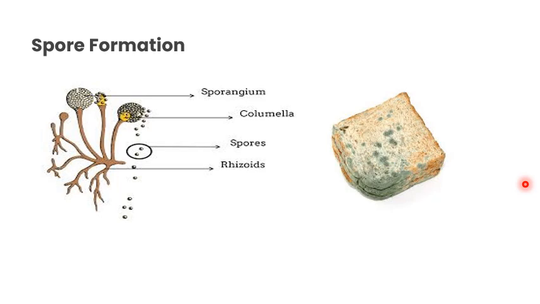Usually the spores are produced within a specialized structure called the sporangium. Inside the sporangium, the parental cell undergoes cell division and produces numerous haploid spores. These spores are then released into the environment once the condition is favorable.